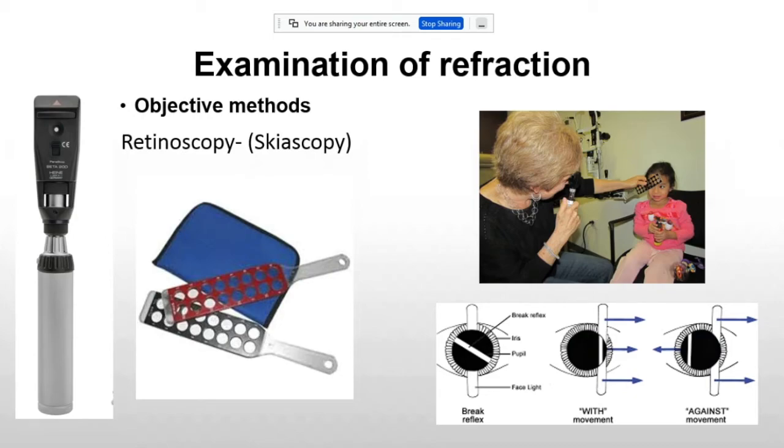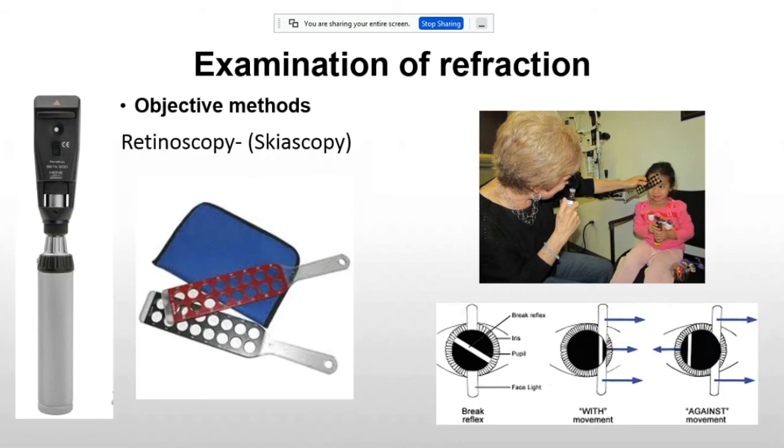And when we move the skiascope, we have one shadow appearing, because part of the rays that are reflected are stopped by the periphery of the iris, and when moved, one shadow appears that moves either in the same direction or in the opposite direction.